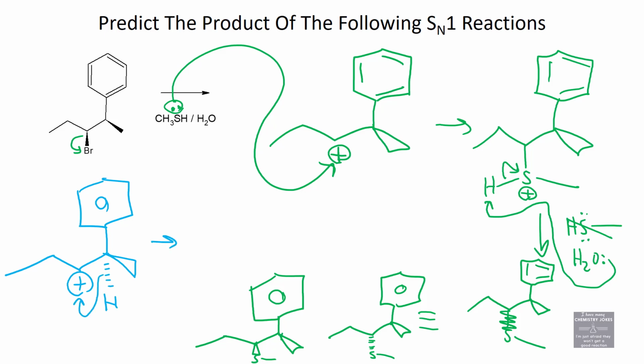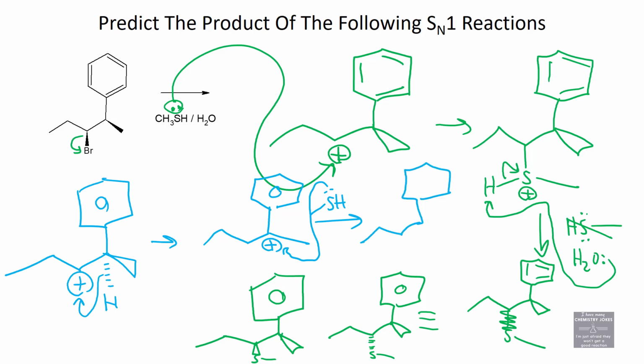Not only is the new carbocation tertiary when the first one was secondary, the new carbocation is benzylic, and benzylic is fabulous. So that sulfur attacks that benzylic carbocation.